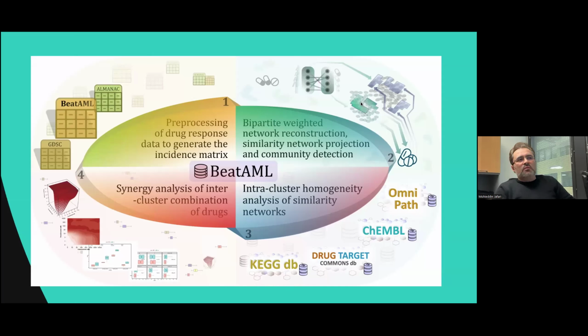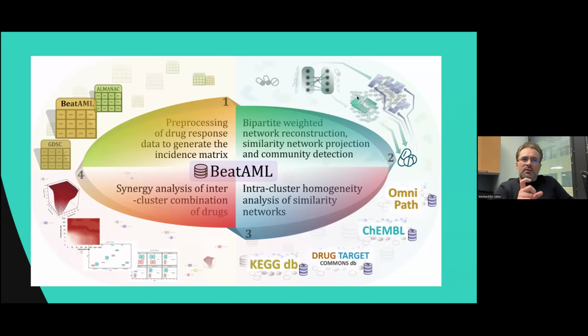In the case of the drug similarity network, the nodes are drugs, and the edge between the nodes comes from the projection method, that is, from the multiplication of all the edges related to the drugs.